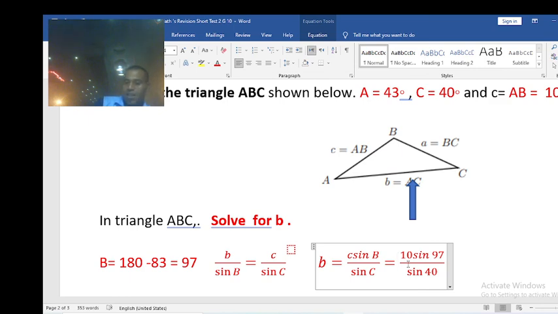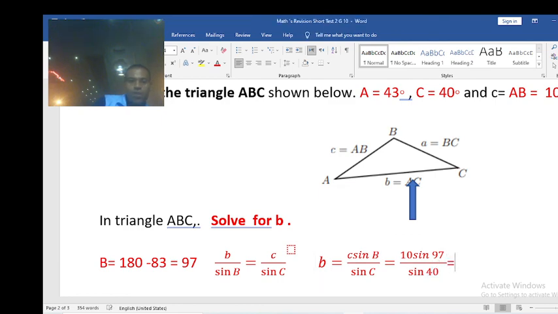So 10 multiplied by sine 97 divided by sine of 40 degree equals 15.54. The answer is 15.54 units, centimeter.